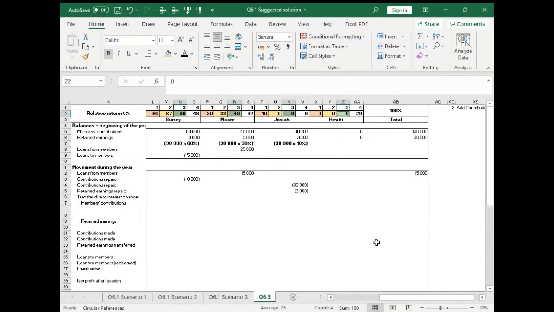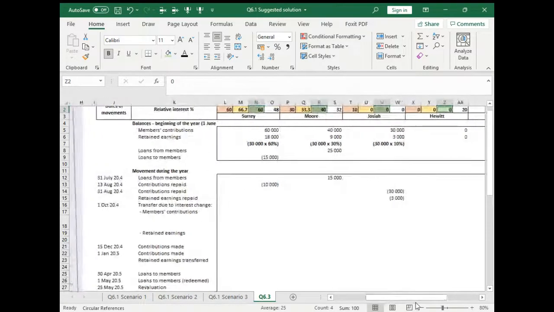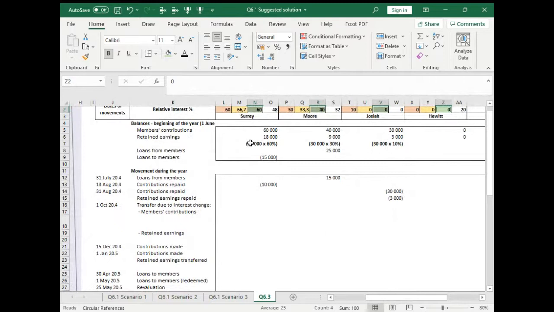That's correct. I will show you how to do it now. So the first thing we say is, okay, Surrey is basically selling what? 10% of his interest. So that means 10% of the 66.7% he currently has is what he's disposing of, which is basically the percentage he's acquired.